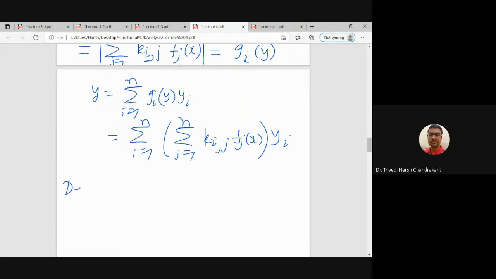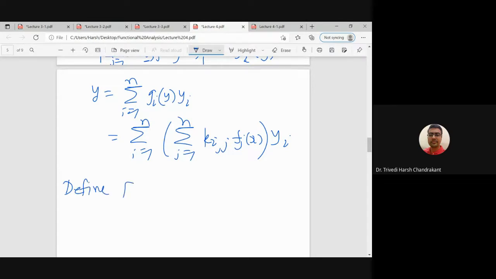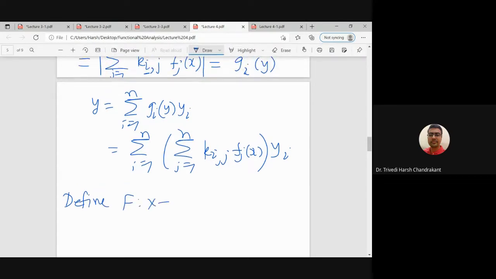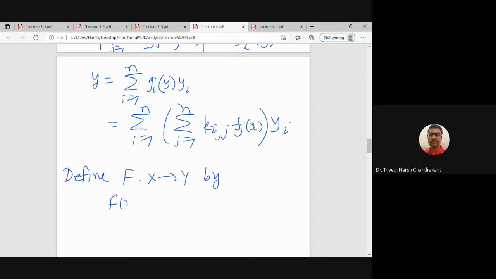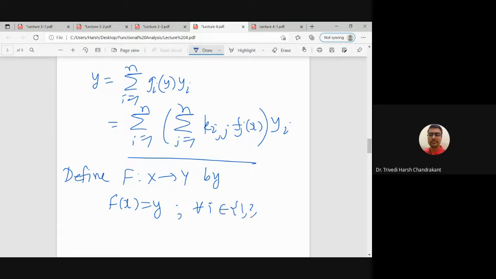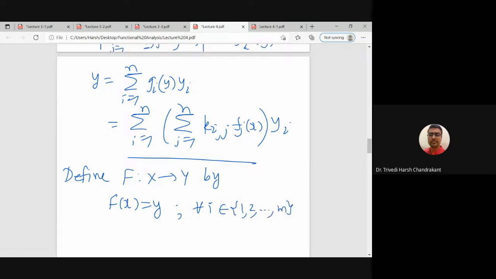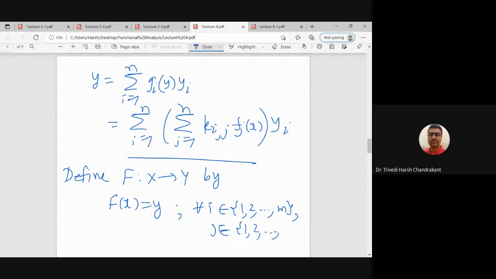So what we have done is we have defined a map F from x to y by F(x) equal to this particular y, for every i in 1 to m and j in 1 to n.